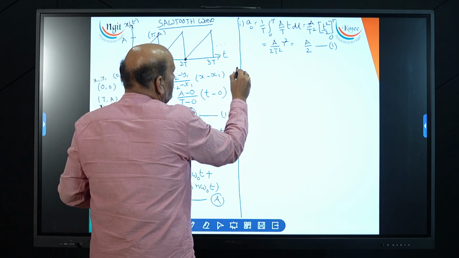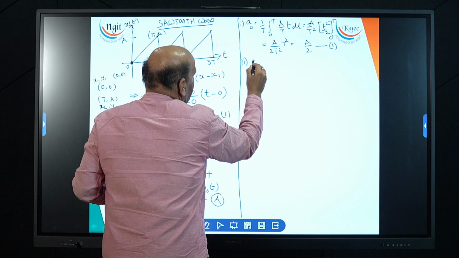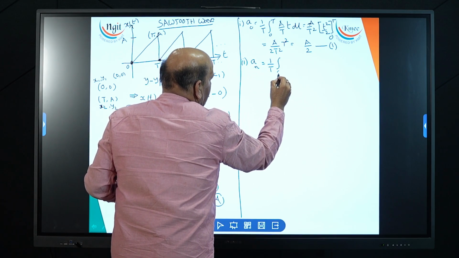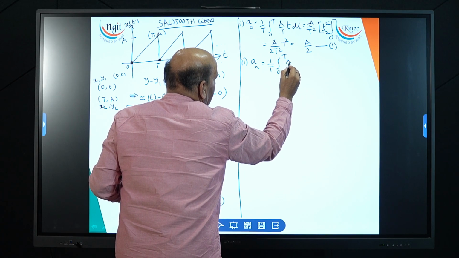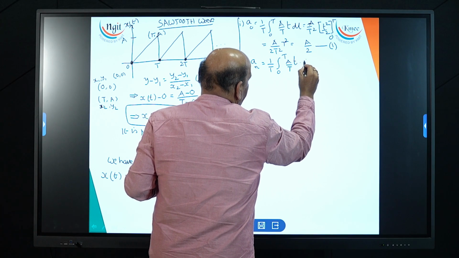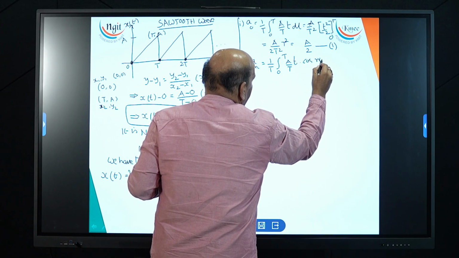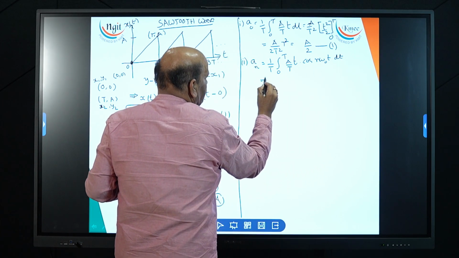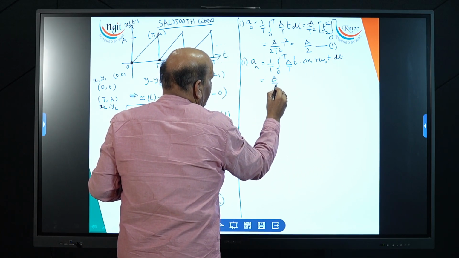Next, finding an. an equals 1 by T integral 0 to T of A by T into the given signal t, with cos n omega naught t dt. Now this is equal to A by T squared.